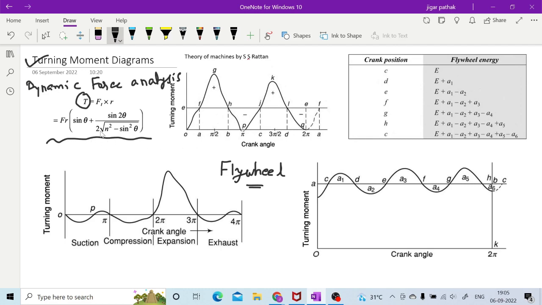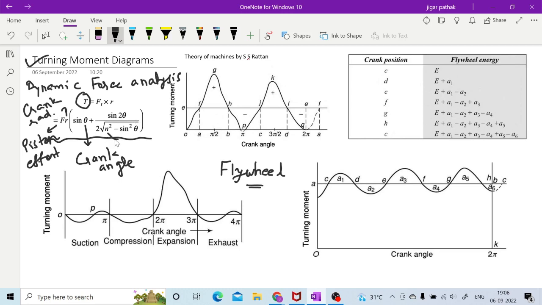That is why I have put this equation, that turning moment is Ft into R, which if you further elaborate, it will be F into R in brackets sin theta plus sin 2 theta upon 2 under root n square minus sin square theta. Now what is this theta? This theta is the crank angle, right? And this F is the piston effort, while this R is the crank radius, right?